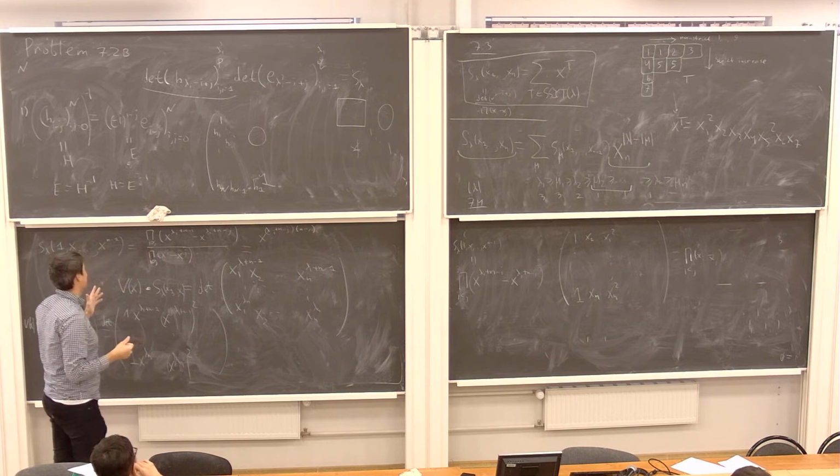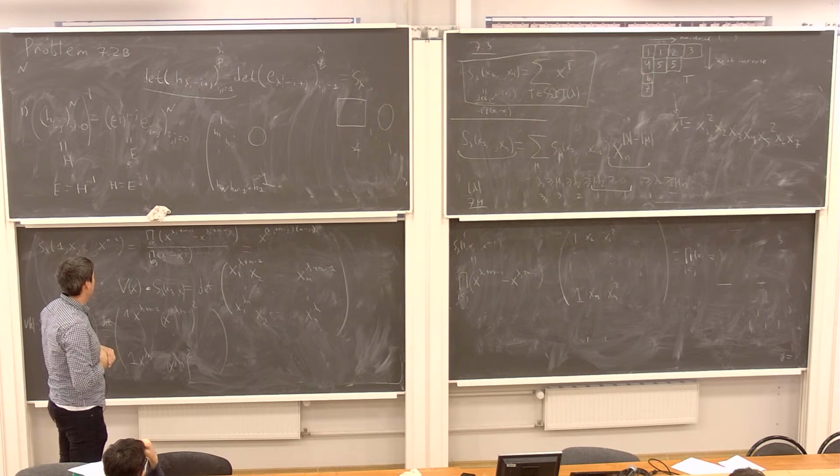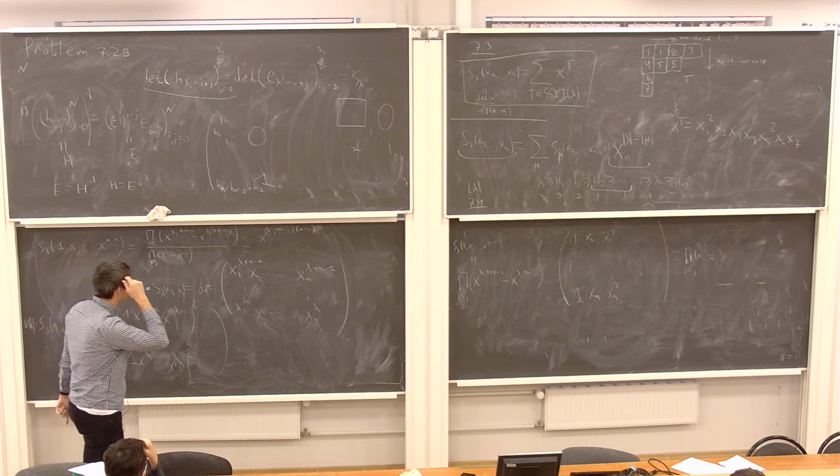If j is equal to 1, you have n minus 1 multipliers. If j is equal to n minus 1, you have 1 multiplier. If j is equal to n, you do not have any.